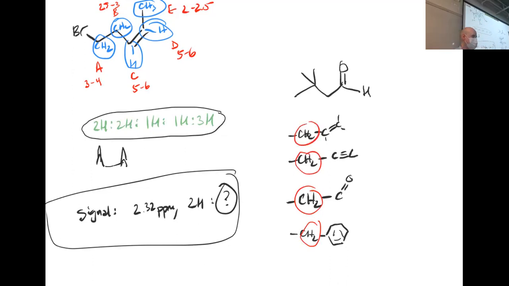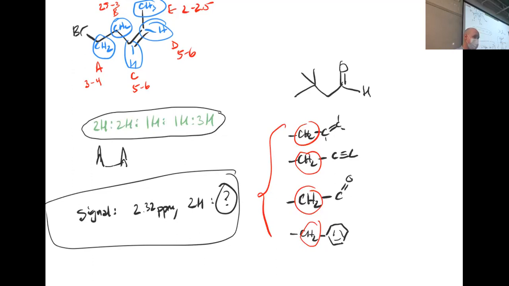And you wouldn't know exactly by looking at that one signal which one it was, but you do know that it's a CH2, and you know it's next to some carbon-containing functional group. So don't guess if you're not sure. Be vague, because at this point we don't know for sure.